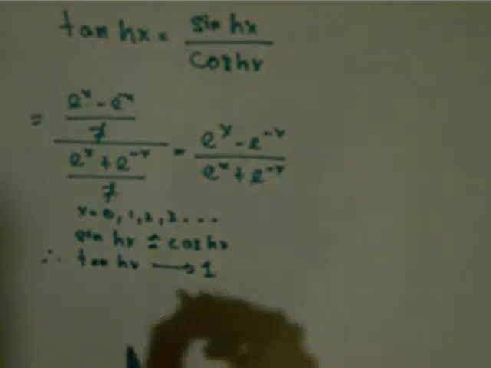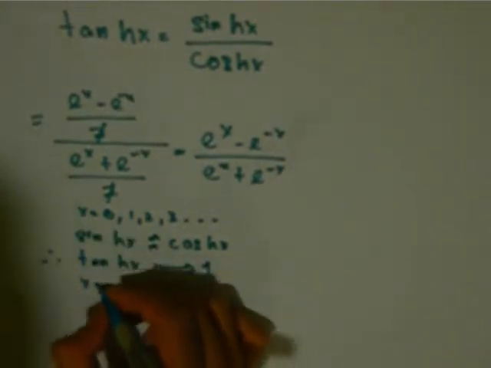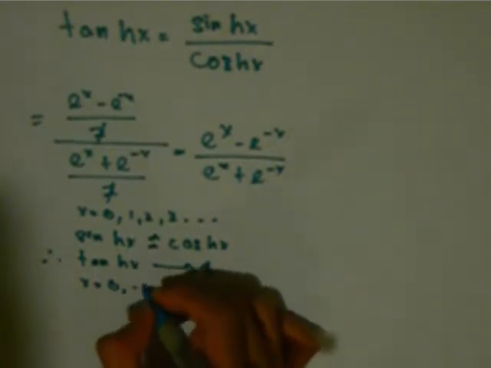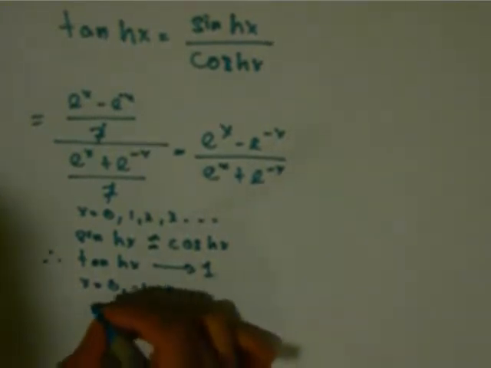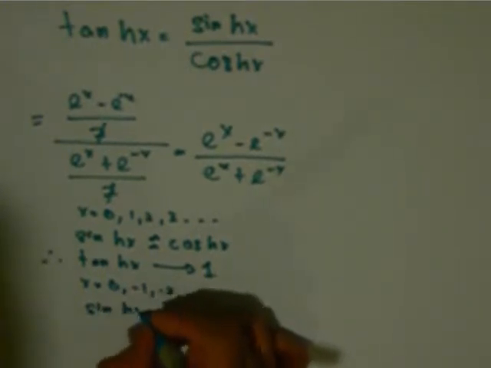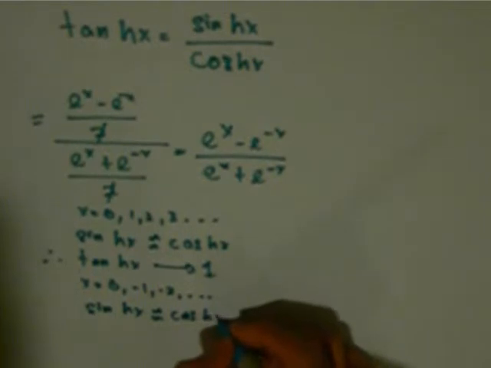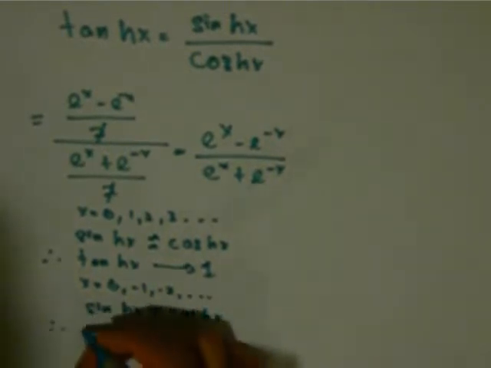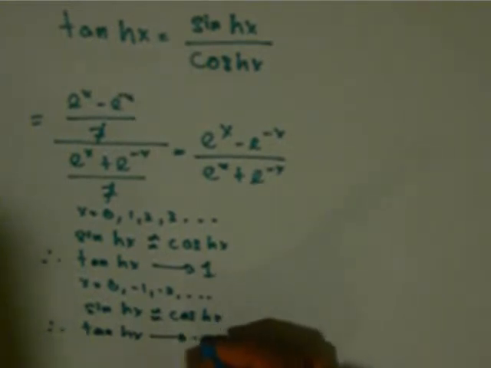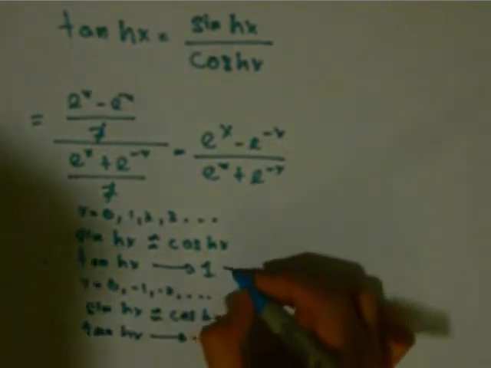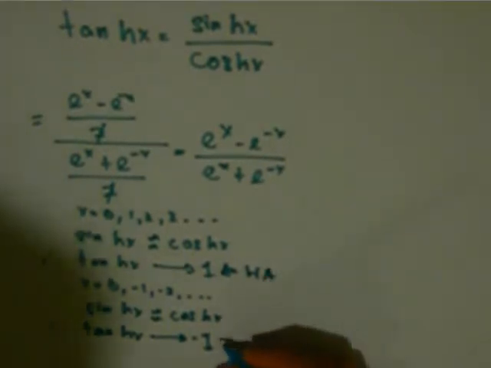If we did this step again, except this time with negative values, we get the same result of sine hyperbolic x approximately cosine hyperbolic x, but this time tangent hyperbolic x approaches negative 1. These are actually our horizontal asymptotes.